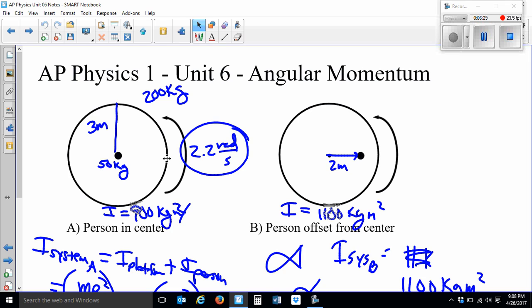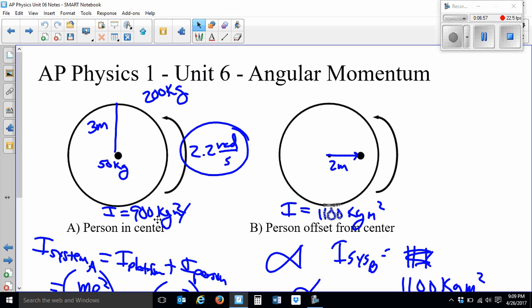So here, I'm not really sure how this person is. Oh, so I think this is setting up a spinning disc, maybe a merry-go-round, and the person's in the center. If that extra mass from the person is really close to the center, we get this I value, and there's ways to calculate it, where the moment of inertia is 900 kilogram meters squared.